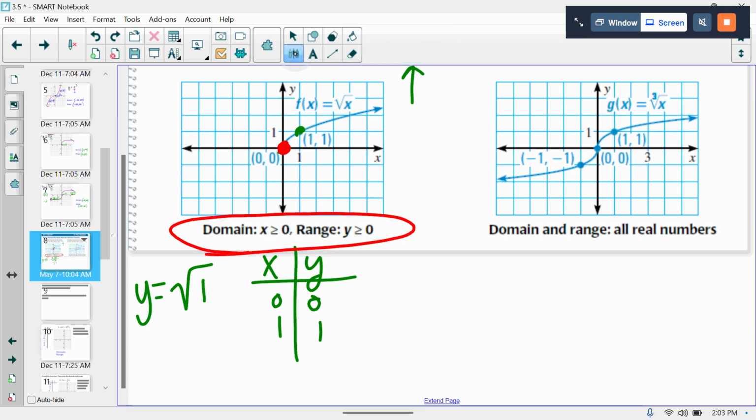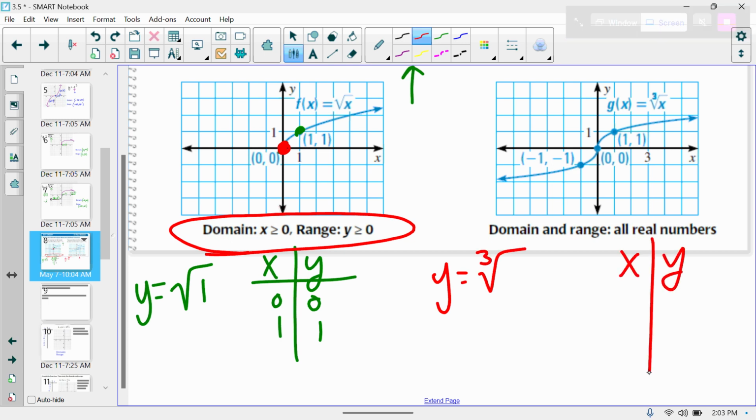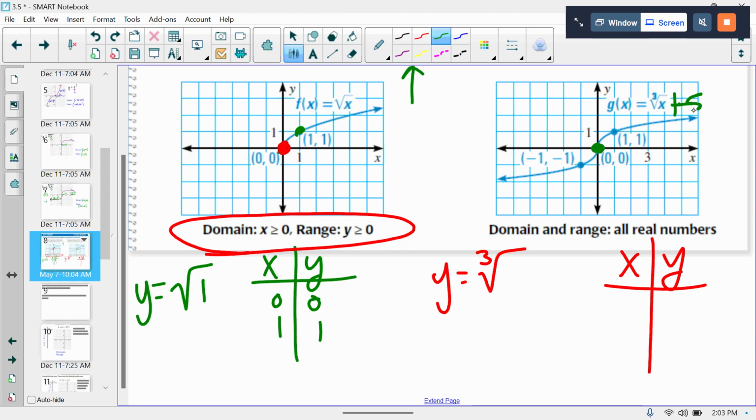Then cube root, I want you again to think about, where did this graph come from? You'd have to make a table of values first by plugging in different things for x and y. And I want us to know the point 0, 0 is always going to be there when you have the cube root of a function. Again, that might change if you have a +5 or something like that.